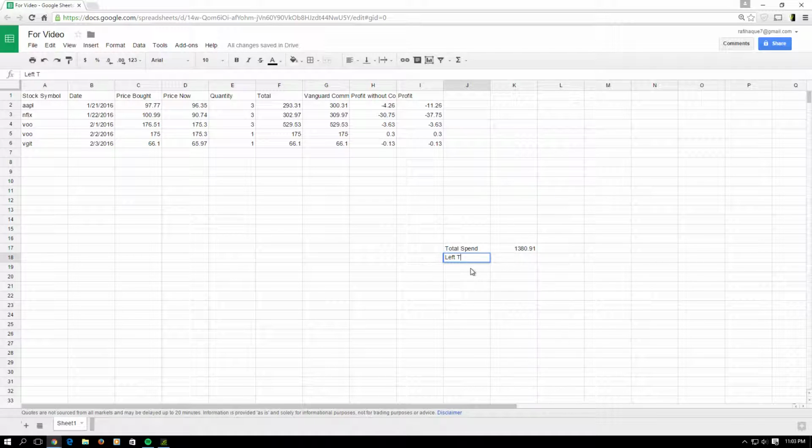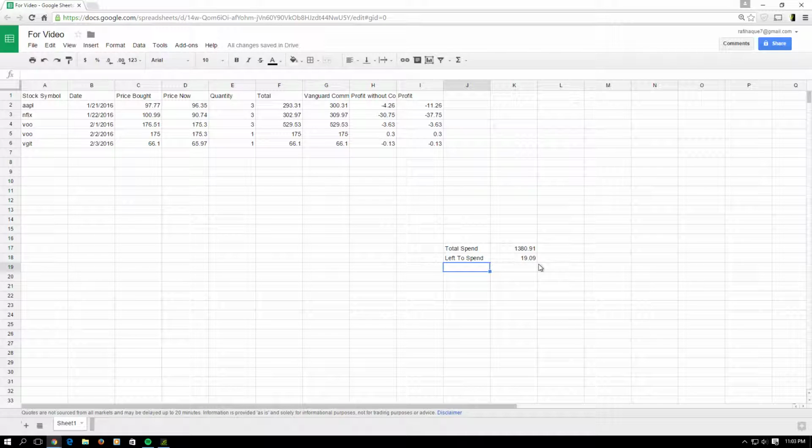And left to spend, I started off with $1,400, and we're gonna subtract total spend from that, and that would give us that I have $19 to invest in something.